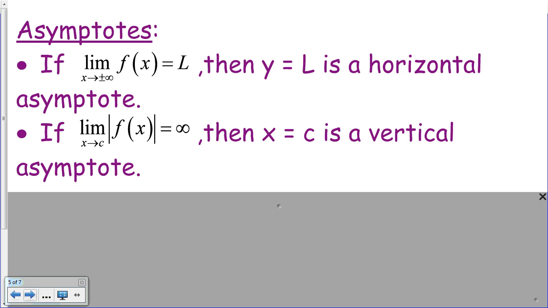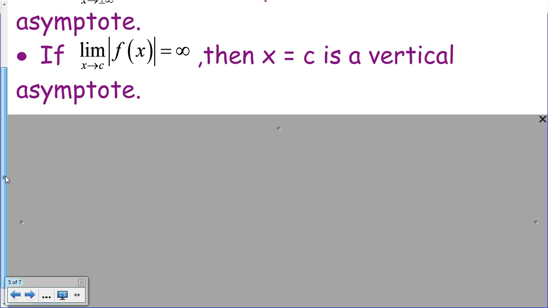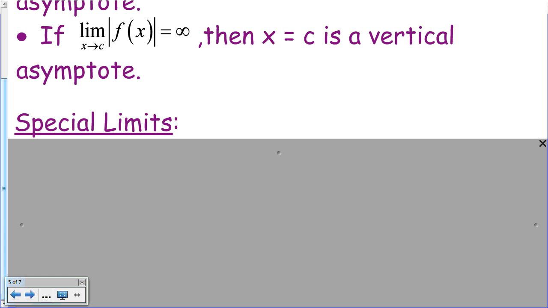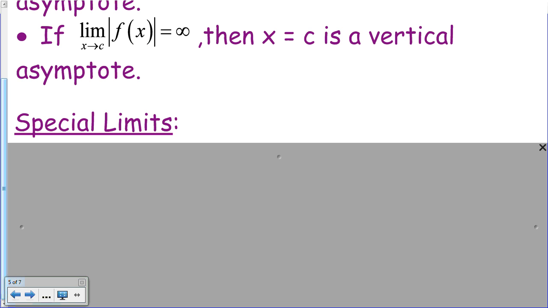All right, there are a couple of special limits that we need to consider. And these deal with limits that involve infinity. So I'm going to give you a couple of examples to help illustrate that here.